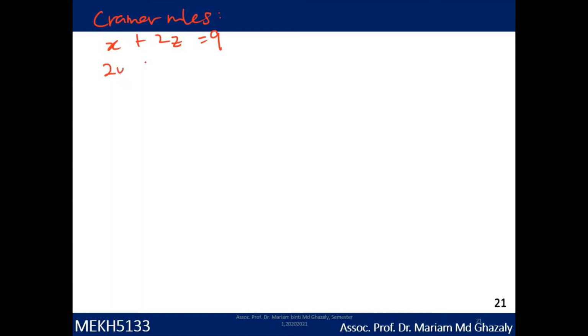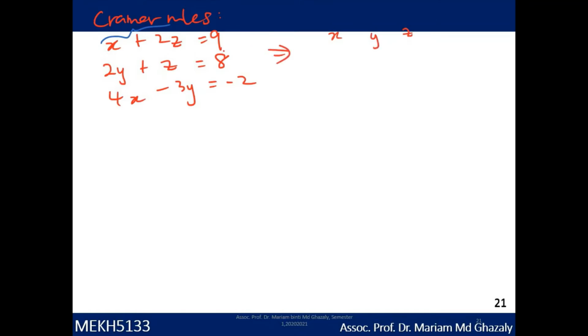Then you have 2y plus z equivalent to 8. And then you have 4x minus 3y equivalent to minus 2. In this part, it's not arranged according to x, y, z. So the first thing you need to do is arrange it accordingly, x, y, z.